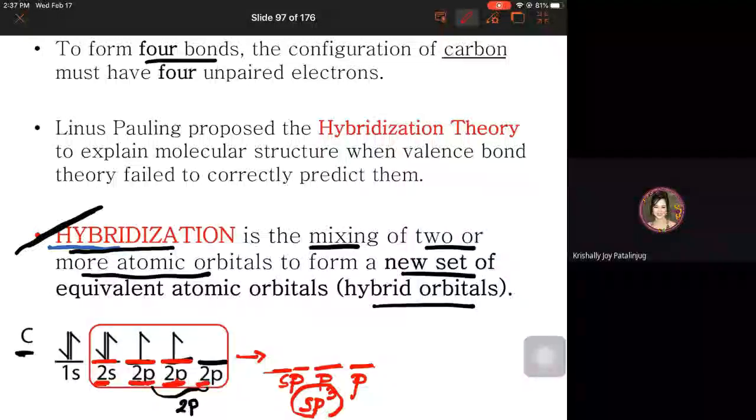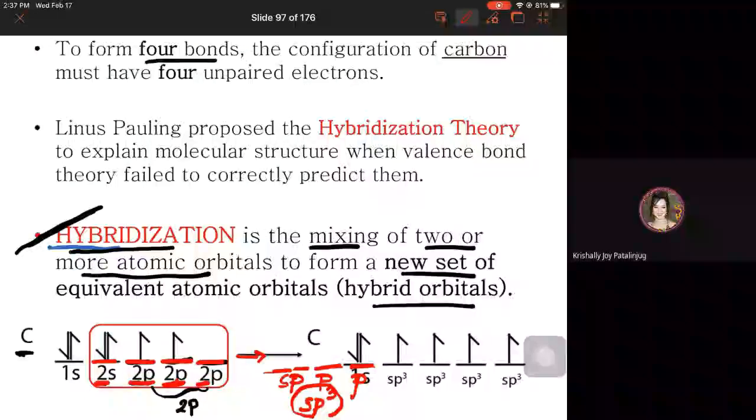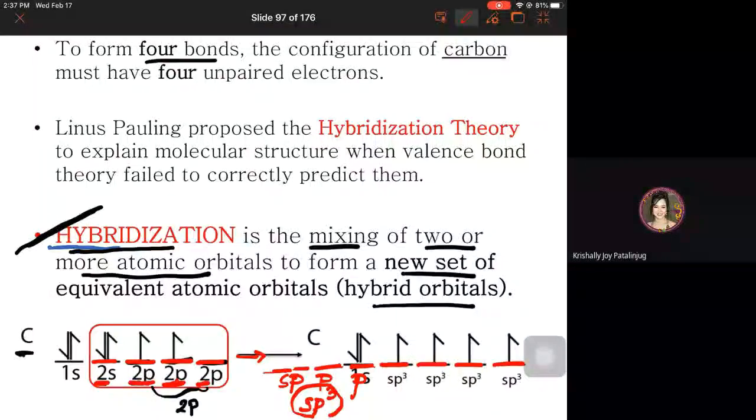But this time, hindi na yan 2s, 2p, 2p, 2p. The hybrid orbital is already sp3. Ilan ulit yung orbital kapag sp3 hybrid orbitals? 4. Alright? So, kung may 4 ka na, sabi natin yung carbon has 4 valence electrons.